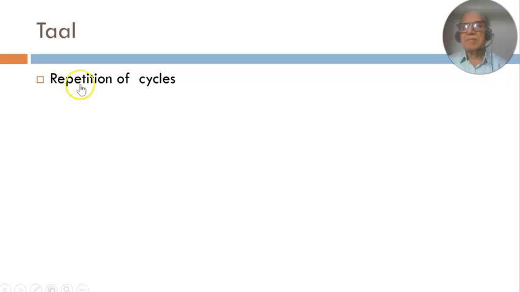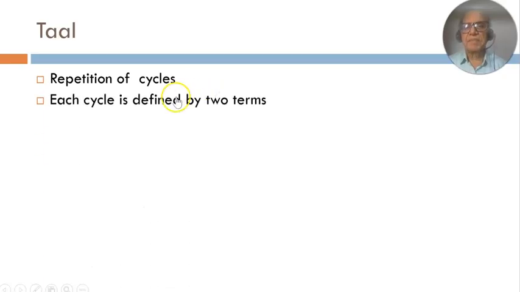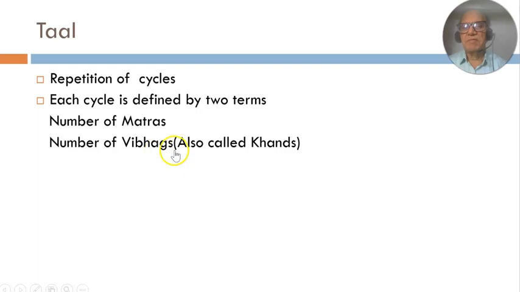So tal can be simply defined as a repetition of cycles. But then what is a cycle? So each cycle is defined by two terms. One is the number of matras in the cycle, and the other is the number of vibhags, also called khands.